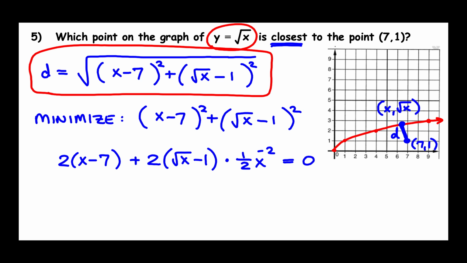All right, let's do some math. Distributive property gives me 2x minus 14. I can't distribute here because of the negative power. I can cancel the 2 and the 1/2. Now, you know what? I said x to the negative 1/2, and I wrote x to the negative second. Woo, that was almost a disaster. Hang on a second.